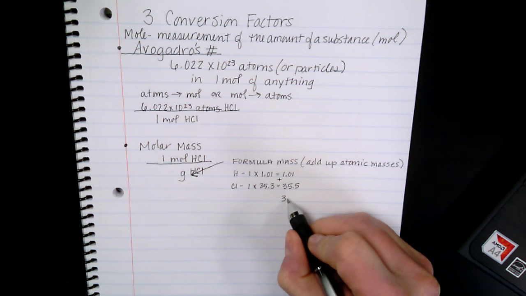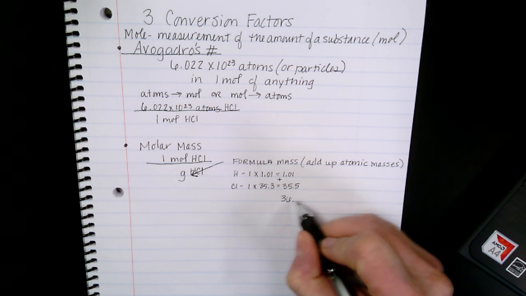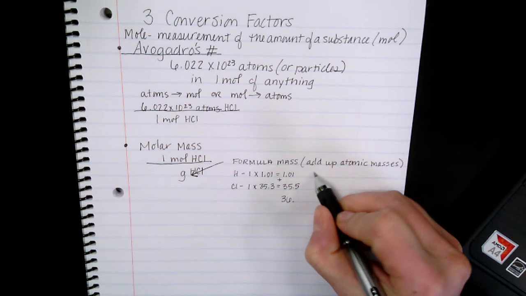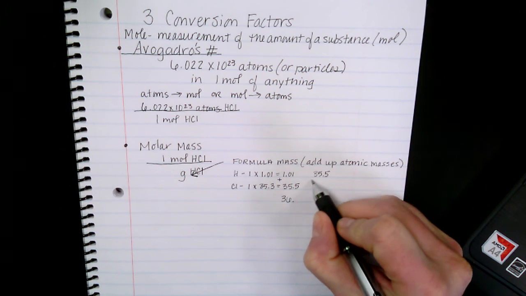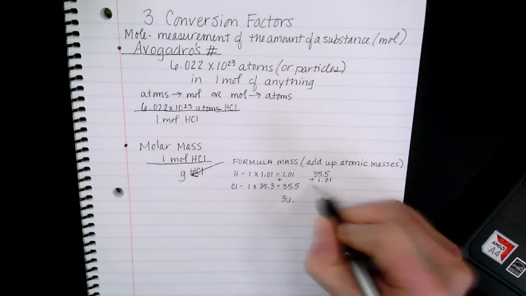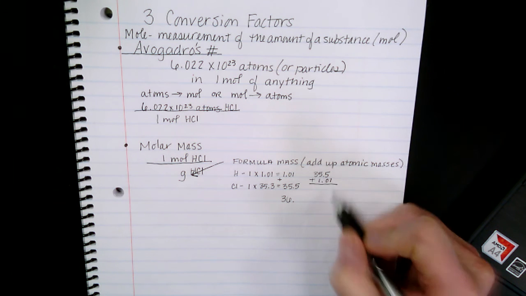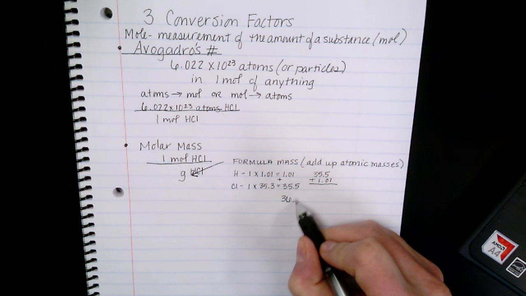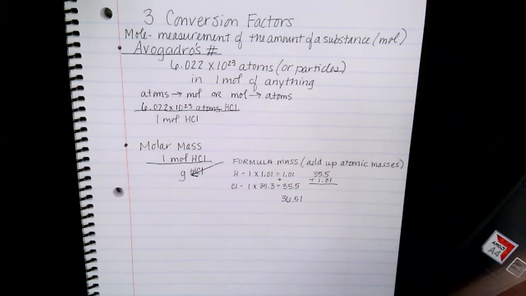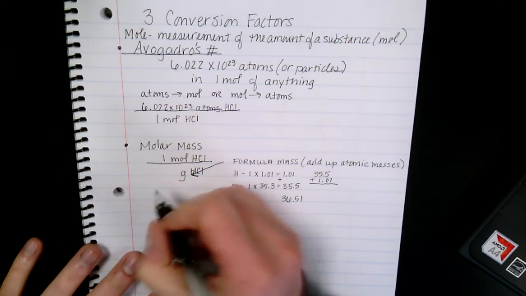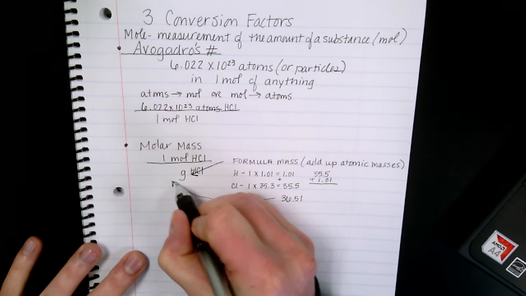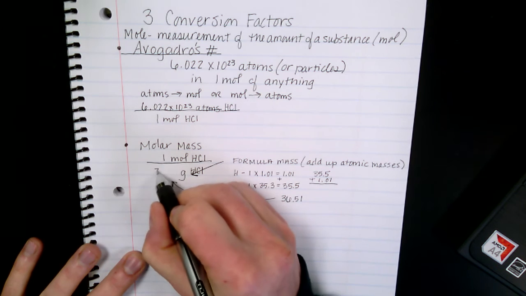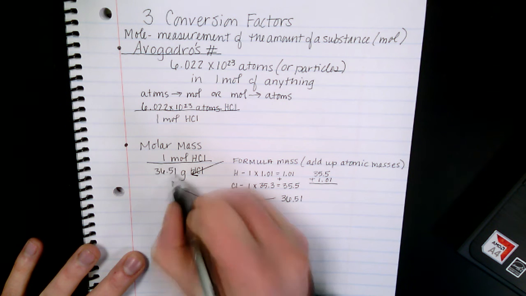So we're going to add these two together: 35.5 plus 1.01. Okay, so we add those together, and it's 36.51. So that number will go up here, 36.51.